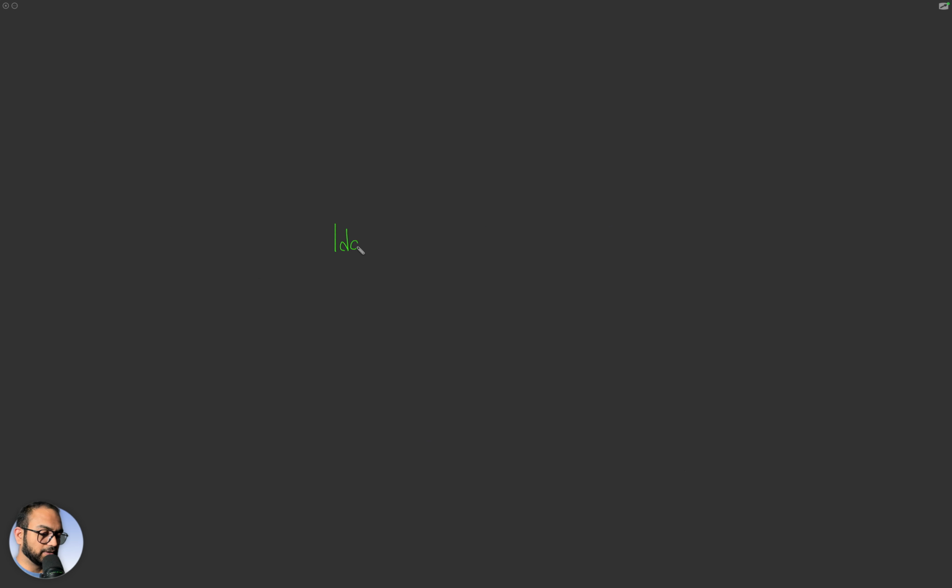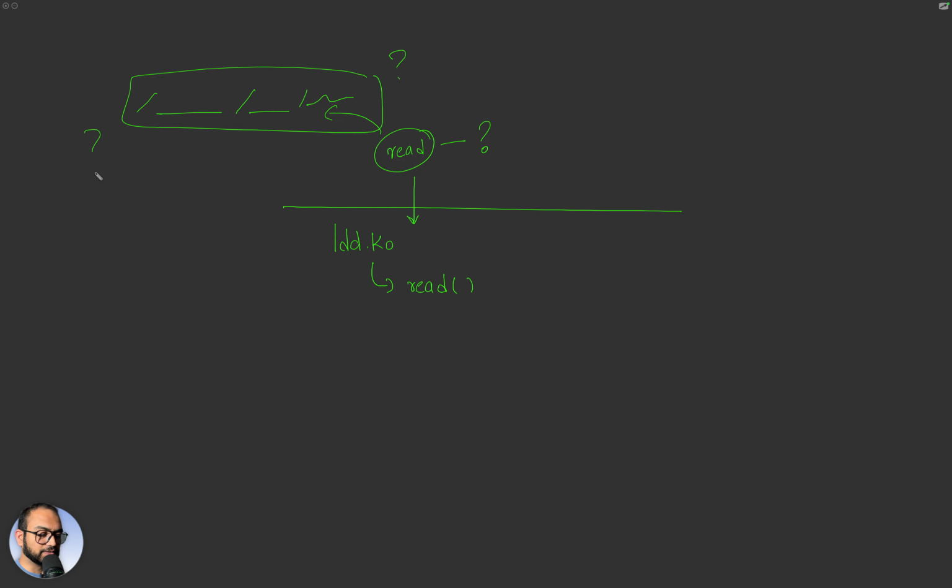We want the ldd.ko to respond to a read operation coming from the user space. And then the question is, this read is going to happen on what? I'm suggesting that it needs to happen on some file, right? And then the question is, what is this file? Who creates this file? And all of that.